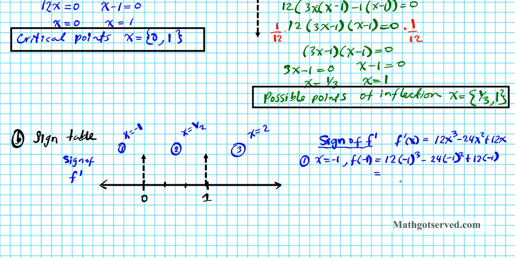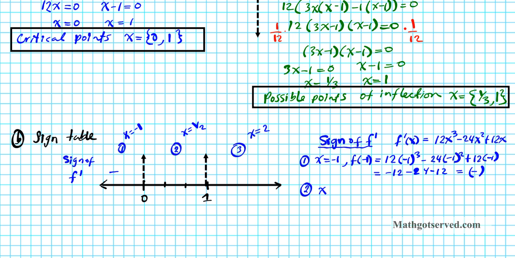Okay, so let's work this out and see if we can figure out the sign as soon as possible. This will come out to -12. This will come out to -24. And this is -12. They're all negative, so we know that the answer is going to be negative. So in this first interval, the sign of f prime is negative.